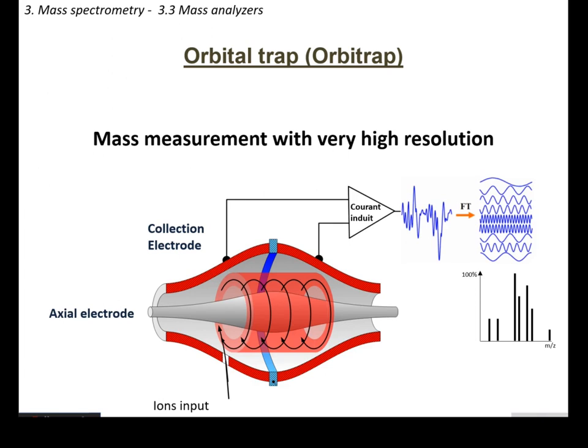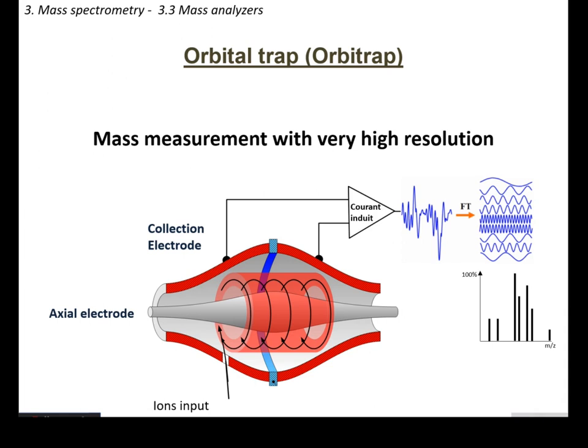So this is how it works. The ions will enter this trap, and they will orbit around the axis, the axial electrode. And depending on their orbit, they will induce a current that will be deciphered by a Fourier transform mathematical process to isolate each frequency of each type of ion, each ion of a given mass to charge ratio.